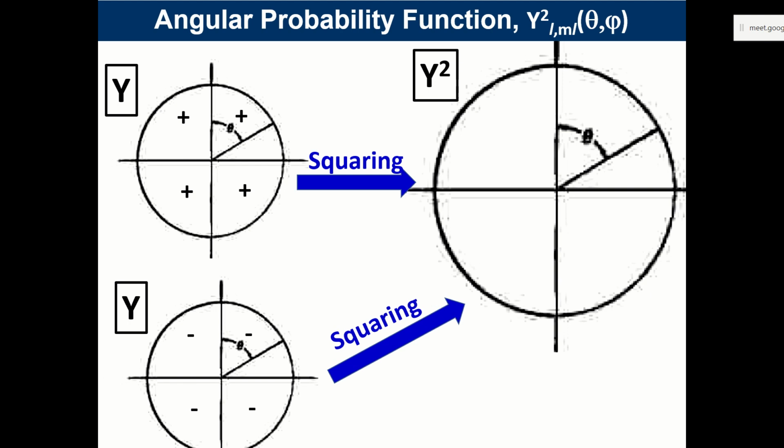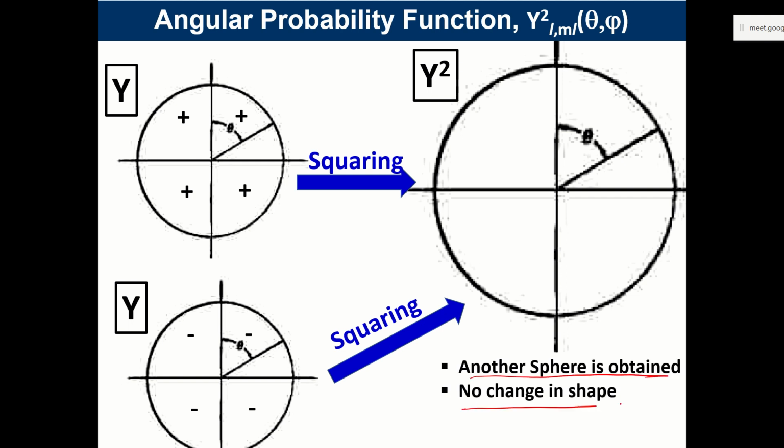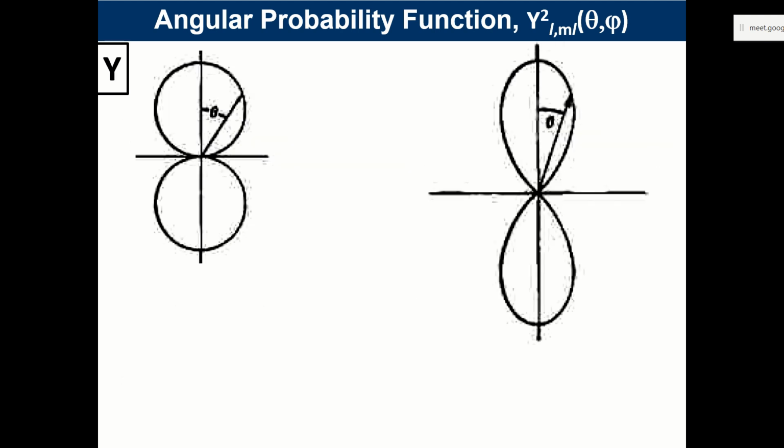Now the s orbital can either be positive in all quadrants or negative in all, so the sign will be the same throughout 0 to 360, and squaring will give you the same thing. So another sphere is obtained, there is no change in shape in this particular case for the s orbital.